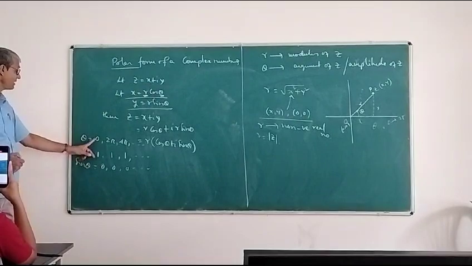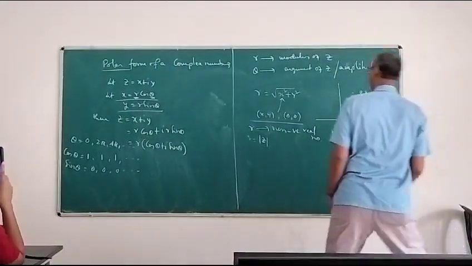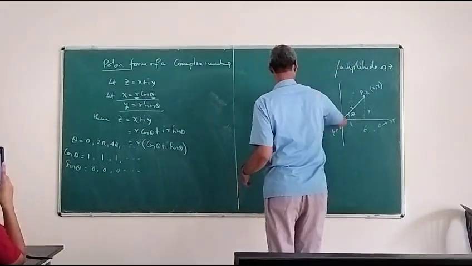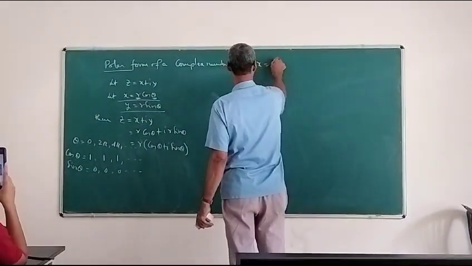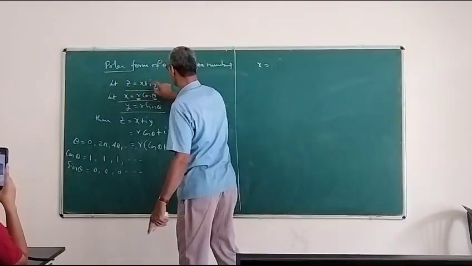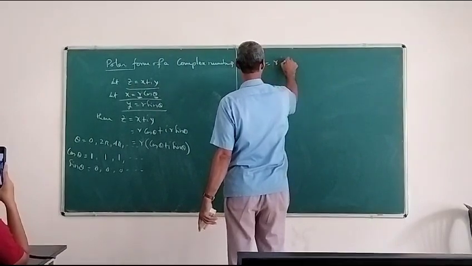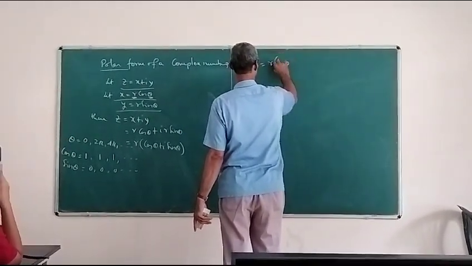For a complex number, r is fixed. So we can write r times cos 0 plus i sin 0.